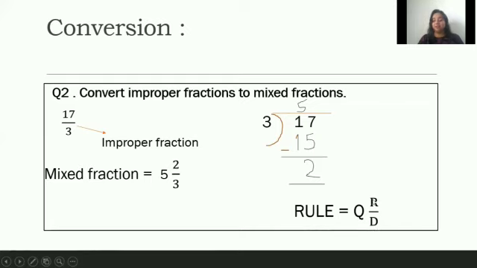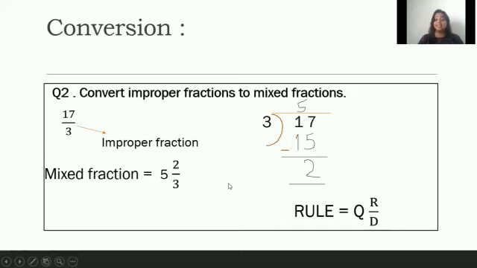So if you follow this rule, what is my quotient? 5. I have written it here. Make a fractional line, the division line. Write 2, the remainder, here, and the divisor here. Your mixed fraction is ready. 5 whole, 2 by 3. That is the mixed fraction of 17 by 3.